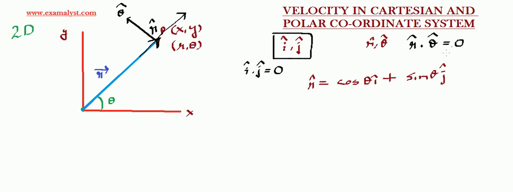Okay, so using this idea that r cap dot theta cap must give us 0, guess the value of theta cap. Let us try to guess. First of all, theta cap is perpendicular to r cap. This is quite clear. So let's try to find the x component of theta cap.